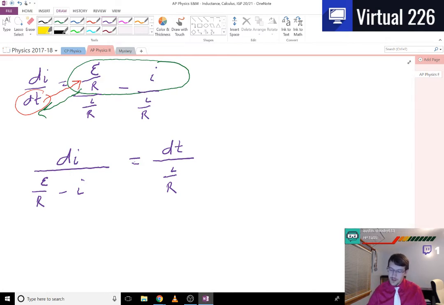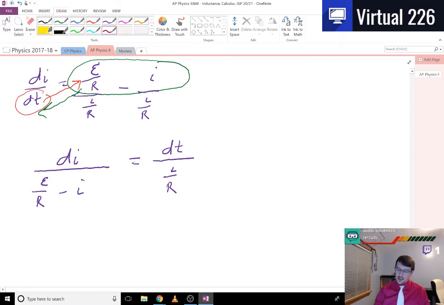The calculus move we're going to do here is integrate. If you're not entirely familiar with integration, check out the integration videos I've got up here, or check out Wes Baker's integration stuff, or Khan Academy's, or just wait for Cotton to get to that, because she'll get to it. But we're going to integrate both sides here because we've got this di and this dt term.